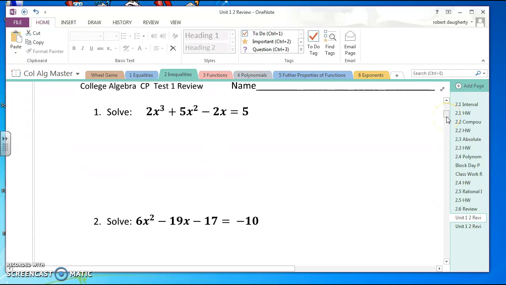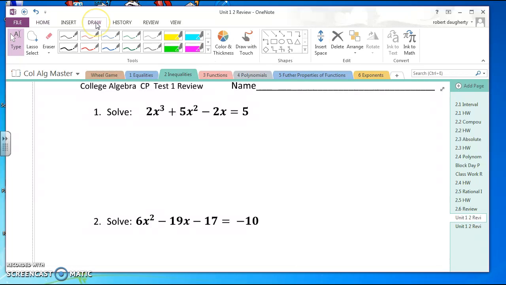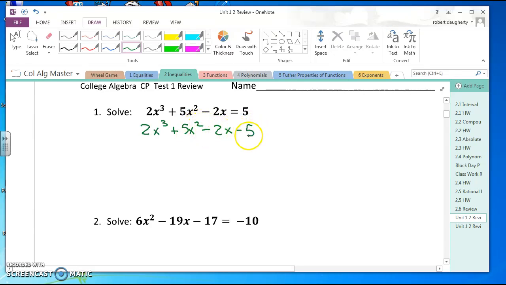First question here, solve. Our first step to solving anything is to set it equal to 0. So 2x cubed plus 5x squared minus 2x minus 5 equals 0. Four terms, the only method we ever learned for factoring this was grouping.